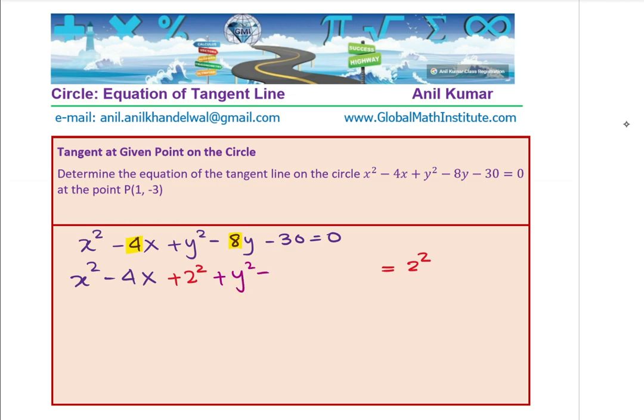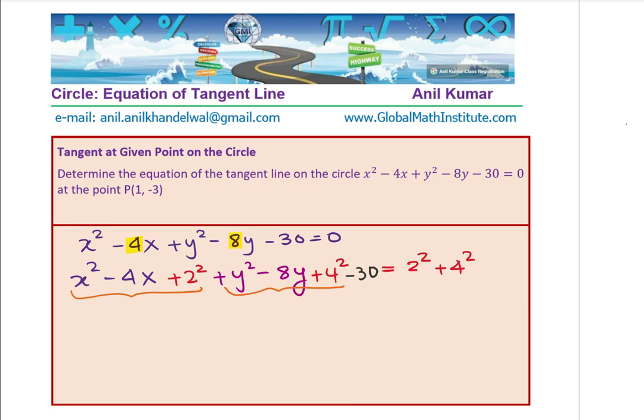Similarly, we have y squared minus 8y, and here also half of 8 is 4. So we're going to add 4 squared on both sides. We have the number 30, so I'm just writing the number 30 as such. Now you can see that the three terms form a perfect square.